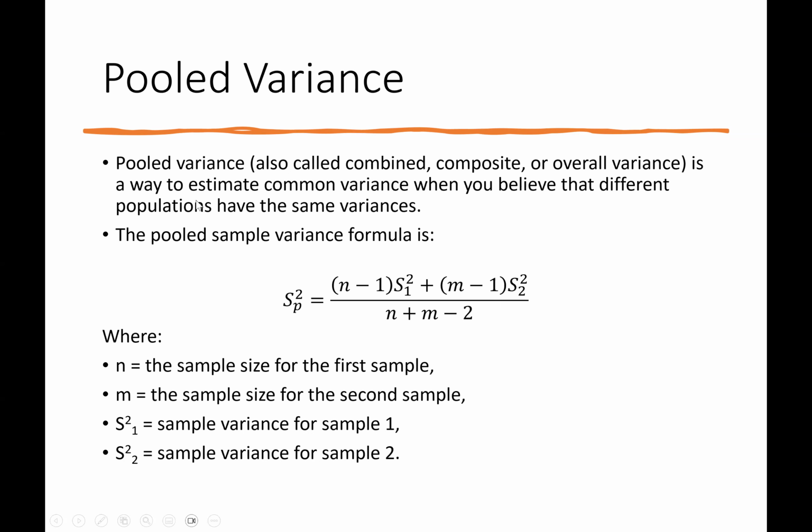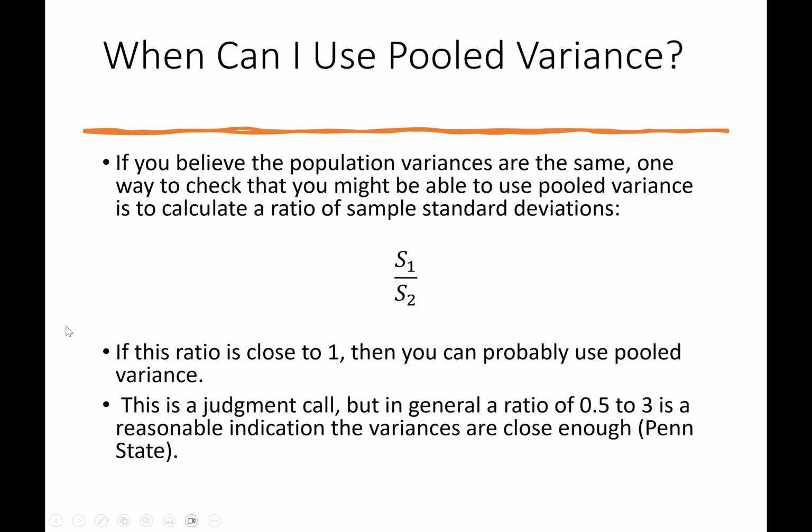And you do this typically if you think the two populations have the same standard deviation, the same variance. You can pool the variances if you want to. Like I said, I don't think we have any problems that do that. And when can you use a pooled variance? When the ratio of the two standard deviations is very close to 1.